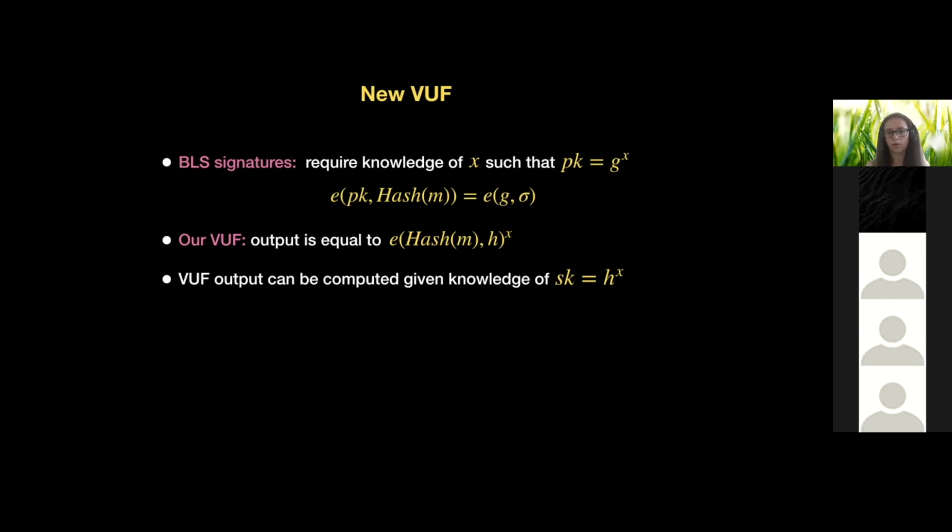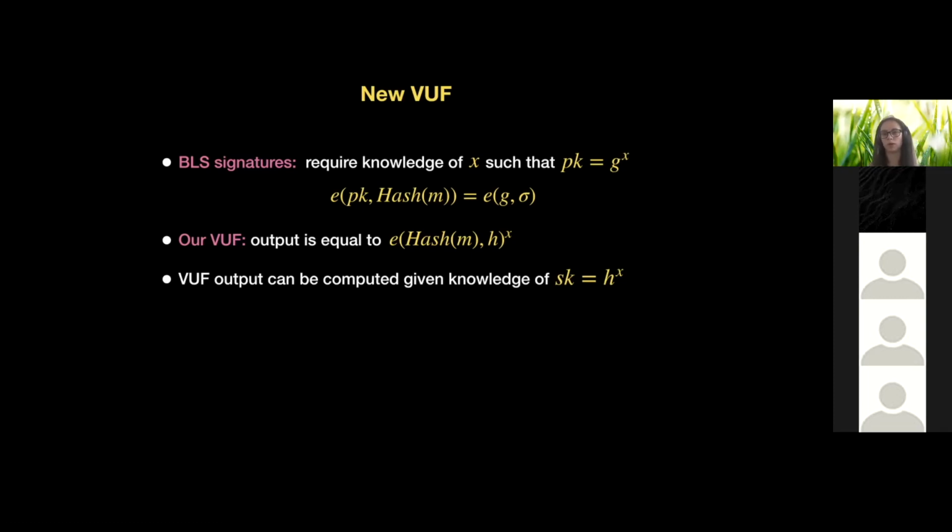So the output of the DKG is equal to this value. Actually, the signature part of the VUF, the bit that each party is contributing, consists of group elements, which you can then pair together in a unique way such that you get this unique output.